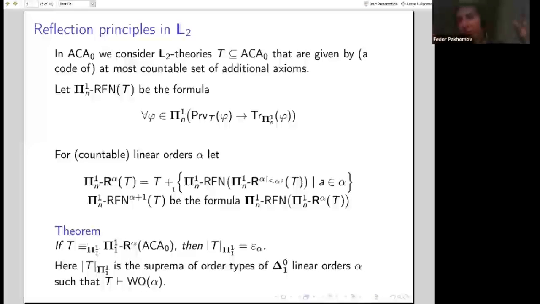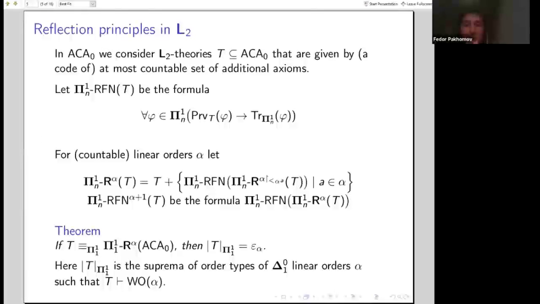Because we are working in the setting of second-order arithmetic, countable linear orders are linear orders defined on a subset of naturals and given by a set. So now we will iterate our Π1n reflection principles along this kind of linear orders.